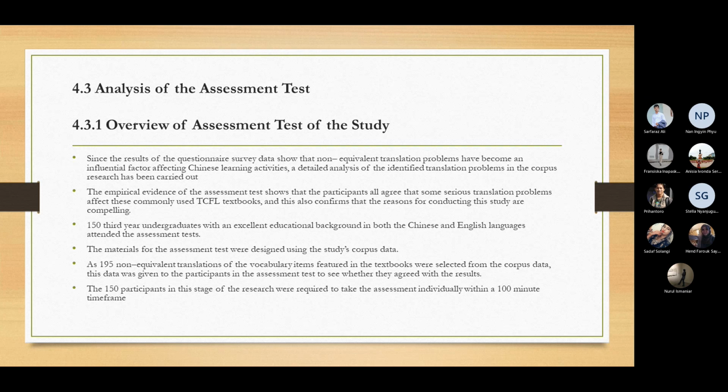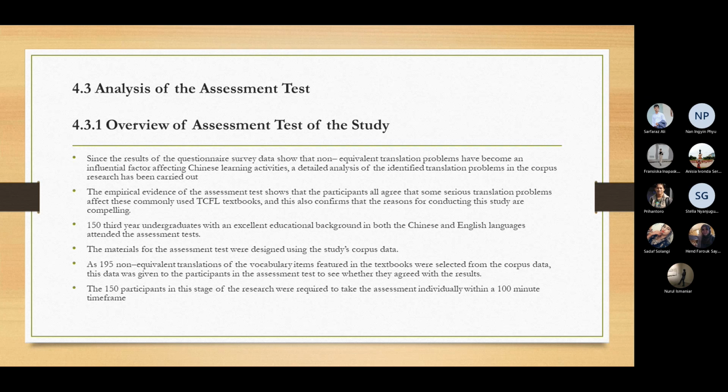I was basically shocked when I saw that 150 third year students with an excellent educational background, both Chinese and English, attended the assessment tests.